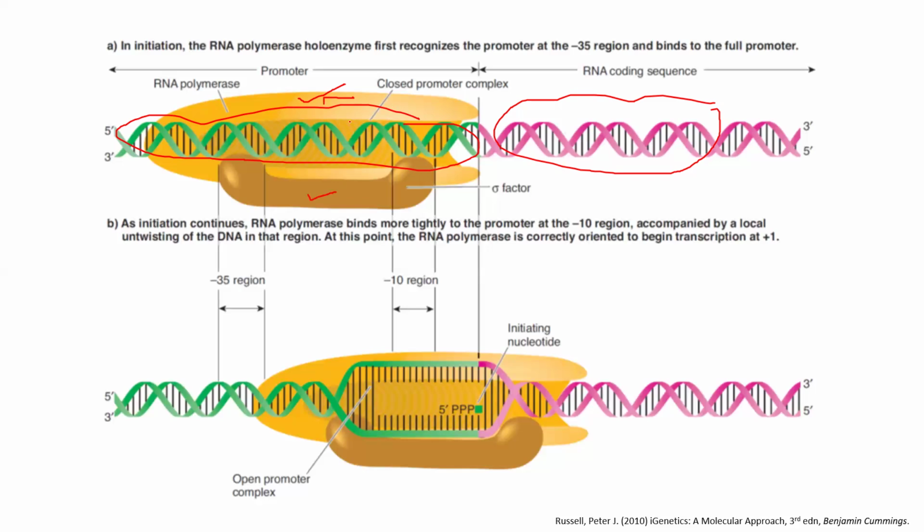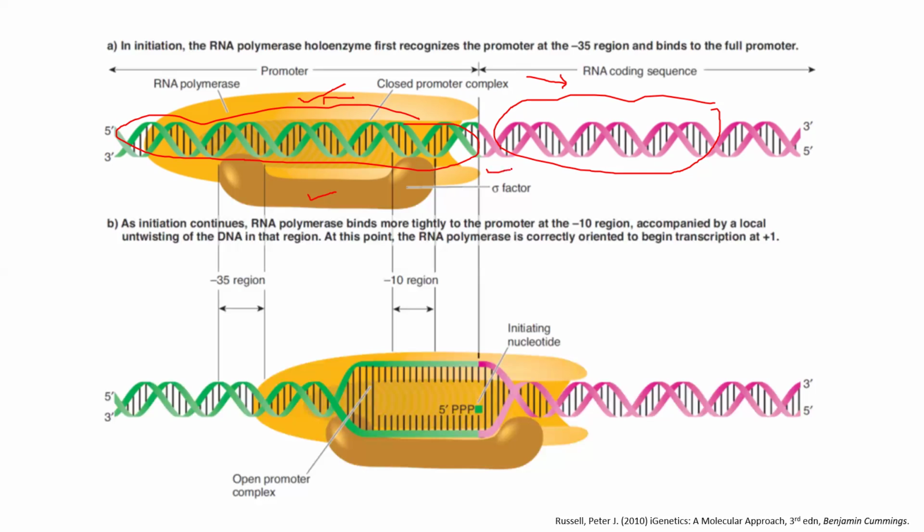So this RNA polymerase holoenzyme binds at the promoter sequence. And the way RNA polymerase interacts with the promoter sequence dictates to the enzyme the direction of transcription, as we have seen in the previous lecture, which strand is a template strand, and where exactly to begin the transcription.